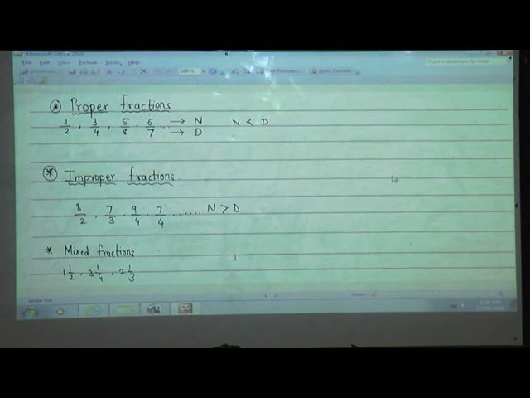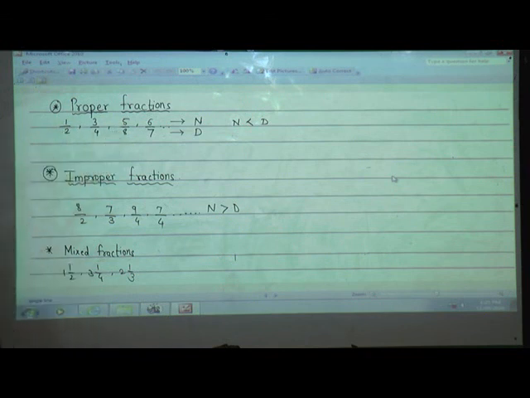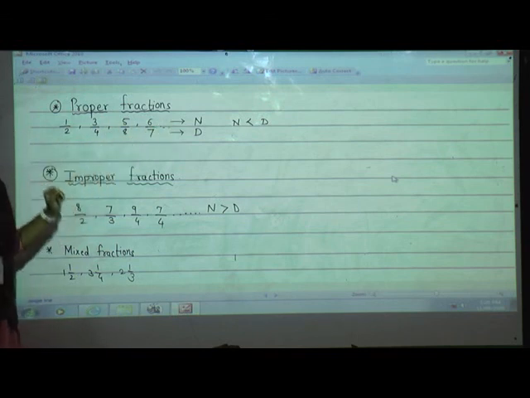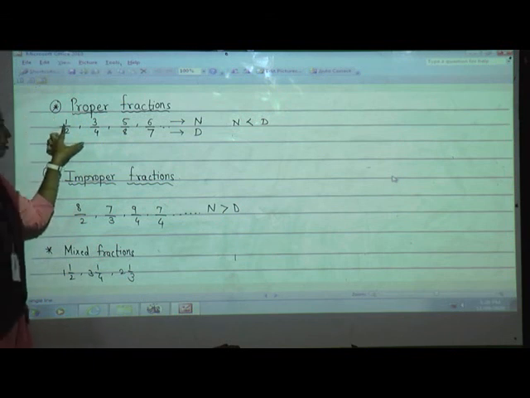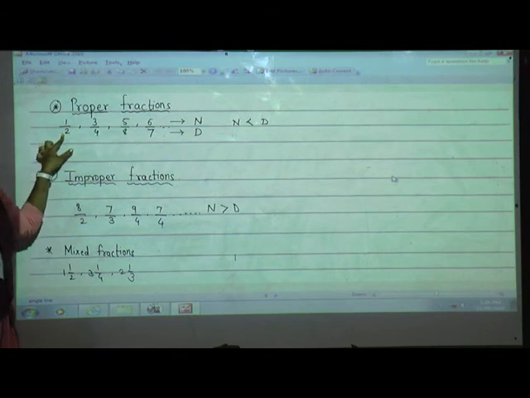Now what is a proper fraction, students? Just observe this. What are the fractions? 1 upon 2, 3 upon 4, 5 upon 8, 6 upon 7. These are all the numerators and these are all the denominators. What can you observe? That numerators are smaller than denominators.